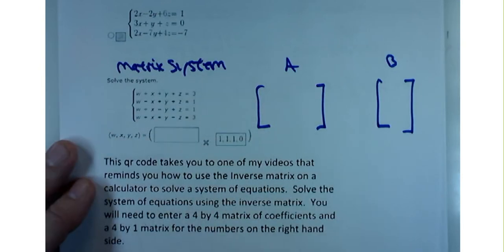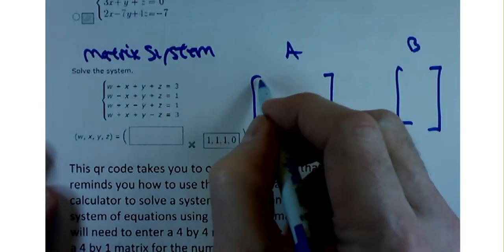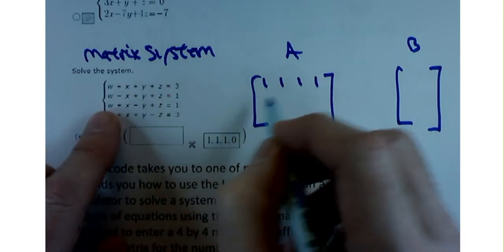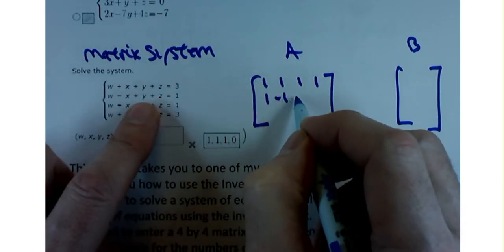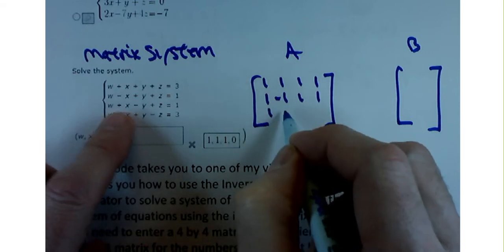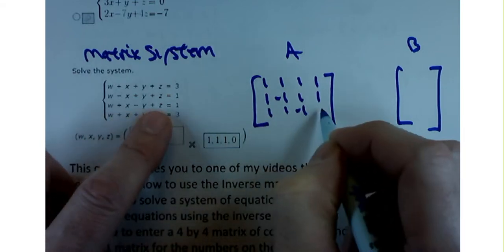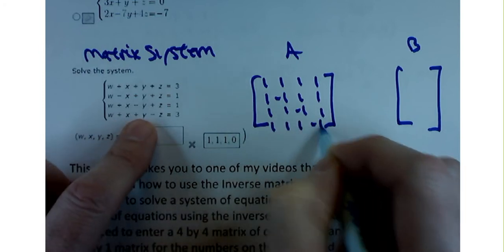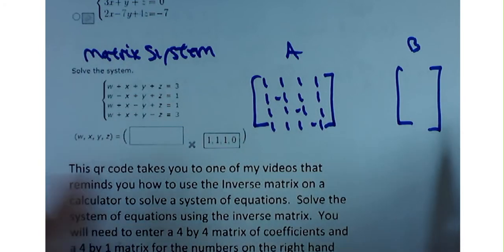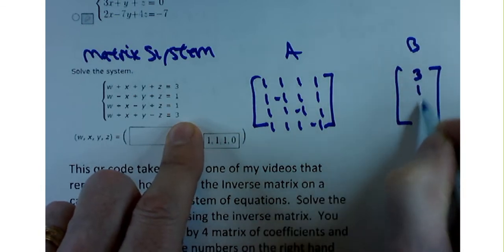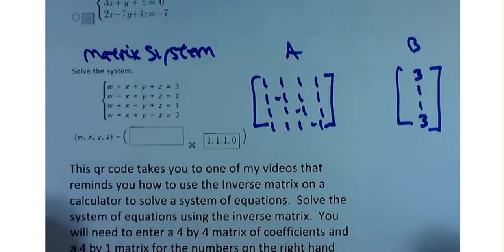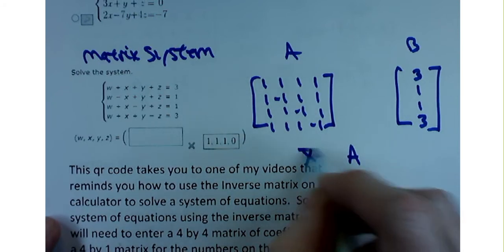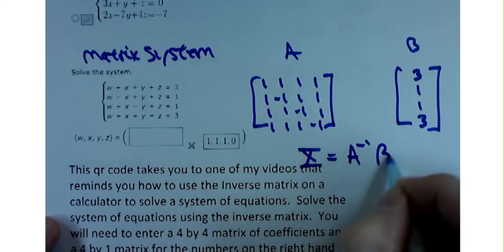So the coefficients here are going to be 1, 1, 1, 1, 1, 1, 1, negative 1, 1, and 1, 1, 1, negative 1, 1, 1, 1, 1, negative 1. That's your matrix A. Matrix B is going to be this right-hand side, 3, 1, 1, 3. And to solve that, your solution, call it vector x, is going to be A inverse B.